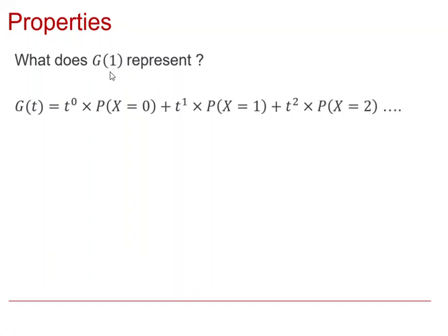So let's consider now what happens if our dummy variable t equals 1. What does g of 1 represent?